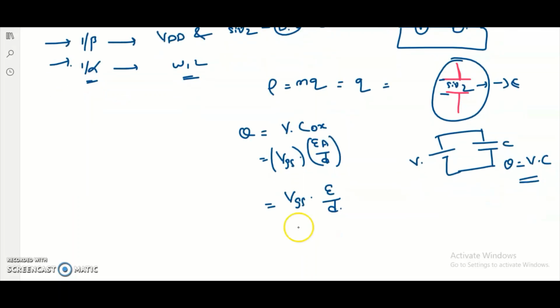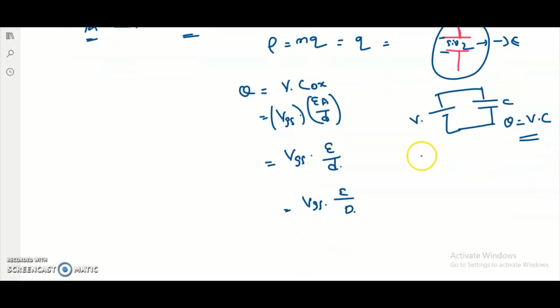So we can write VGS into epsilon divided by capital D. That is Q, the charge density. Now if I apply the scaling factors to these parameters, epsilon is a constant anyhow, so you need not worry about that one.